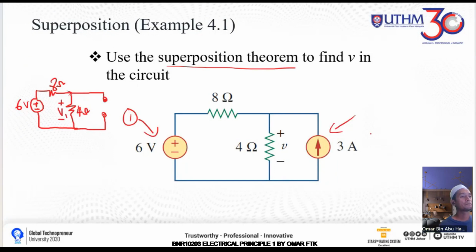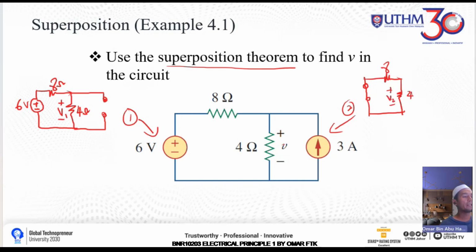When you select the second source, your voltage source will be short circuit. This is 4 ohm, and this one is V2.